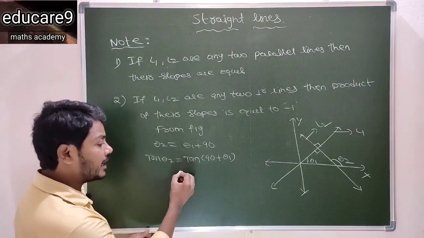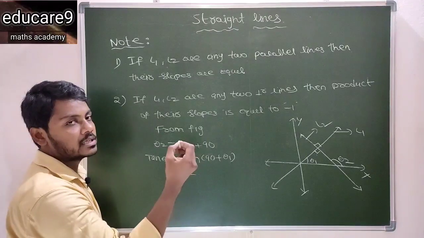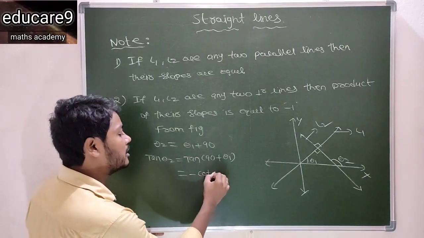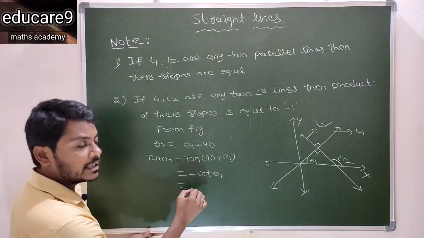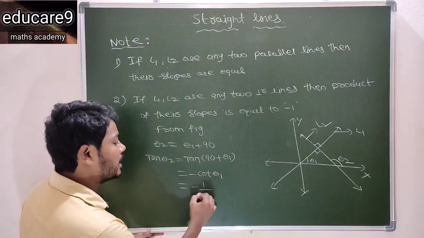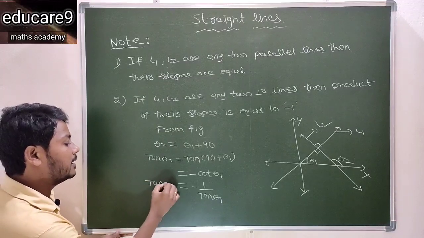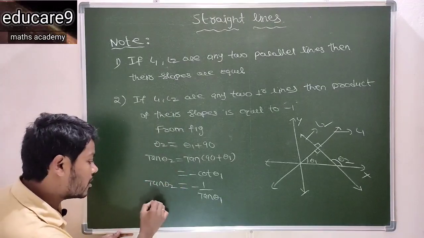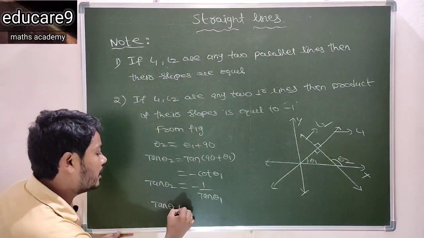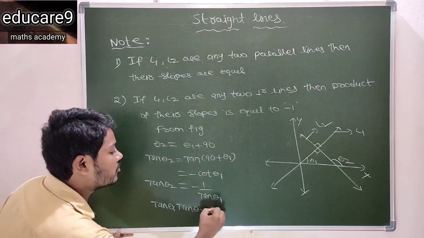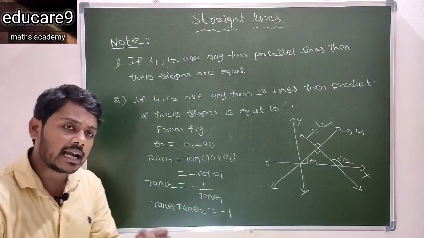In the second quadrant tan gets negative and tan changes to cot. So cot theta 1. So how to write cot theta 1? Minus 1 by tan theta 1. So this is what? Tan theta 2. Therefore tan theta 1 into tan theta 2 is equal to what? Minus 1.